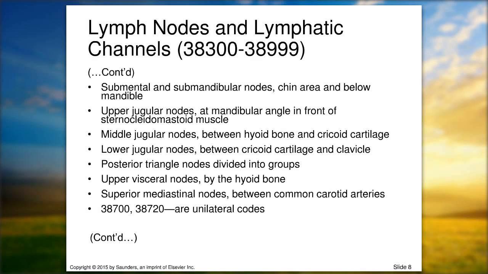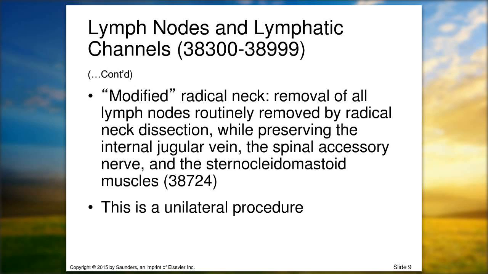You'll notice that code 38700 and 38720 are your unilateral codes. You'll notice that modified radical neck is removal of all the lymph nodes routinely removed by radical neck dissection. This would be considered a unilateral procedure.